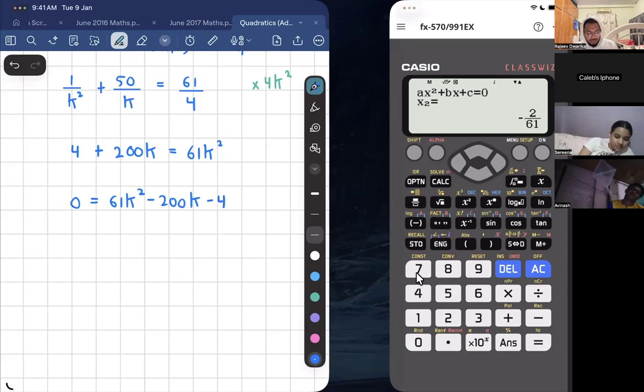My advice is use your Casio to see if you're getting whole number solutions. If you're not getting whole number solutions at all, use the quadratic formula. So it's 61, minus 200, and minus 4 too. While you're seeing that, just verify. Are you all getting 3.29 and minus 0.01? Yes, sir.